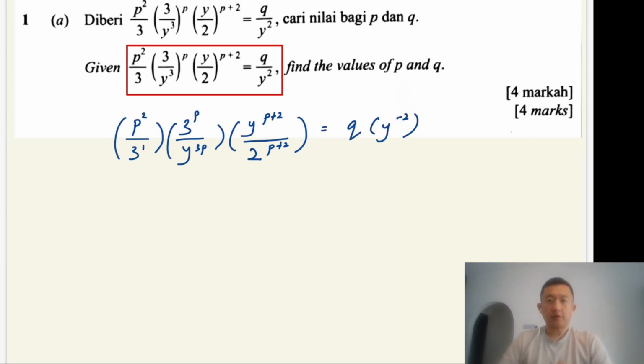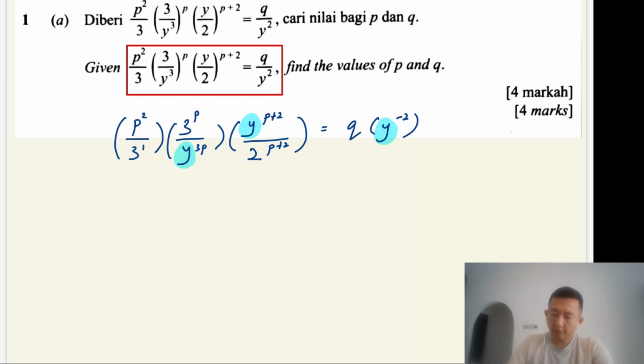These sort of questions always involve comparisons. To make it easier for us to do comparisons, we always start with the ones with the same base. What can you observe from here? Do you see any indices with the same base? There we go. Y, Y, Y, Y. Same base, so we can do something about it.